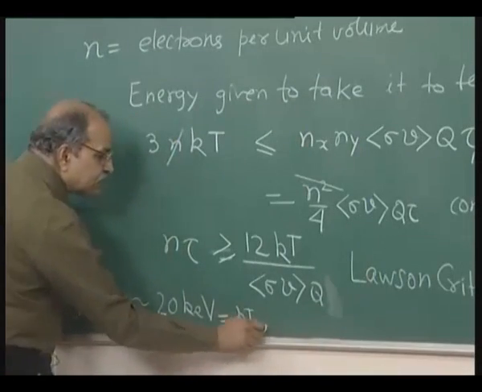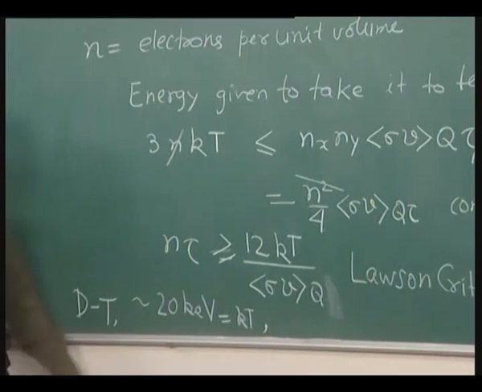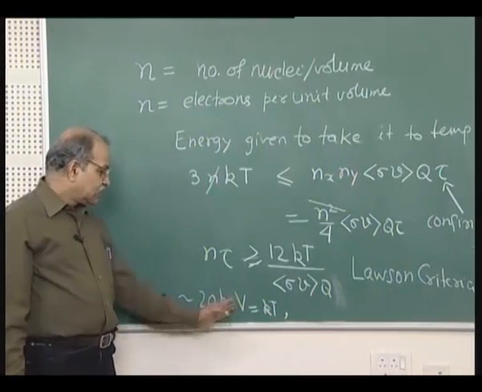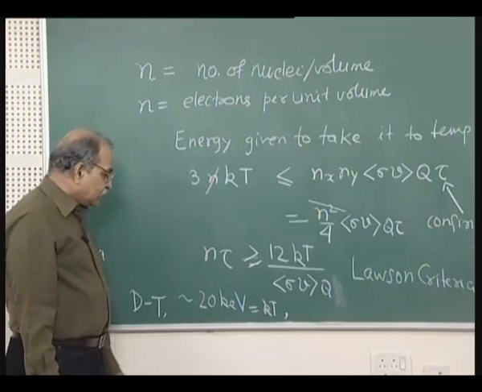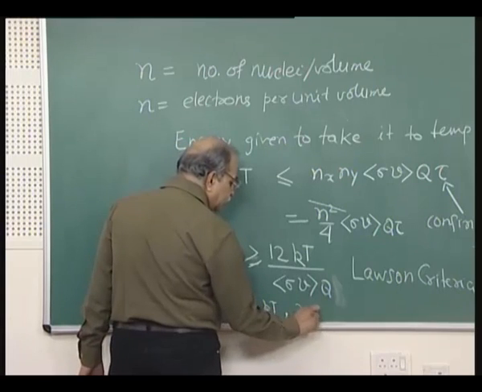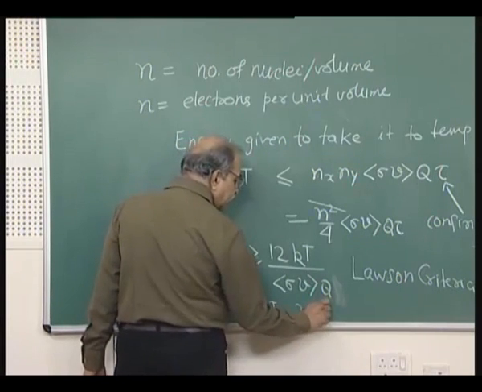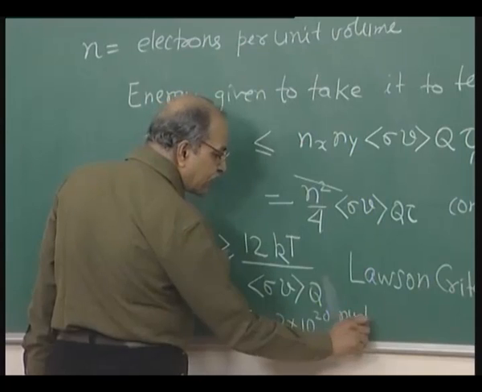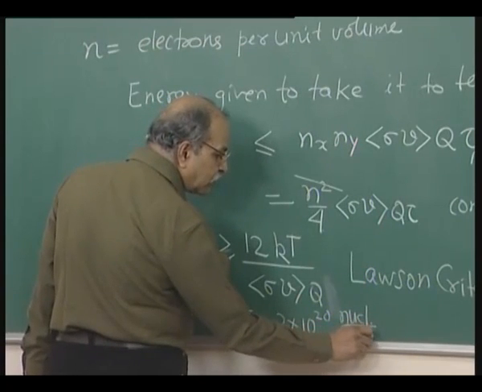In the fusion community, temperature is described in terms of kT, in units of kilo electron volts. So, at this minimum, it is around, say, 10 to the power 20 or so. What units? Nuclei per meter cube and second.